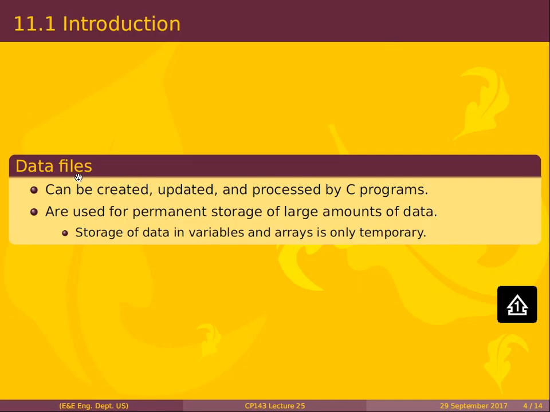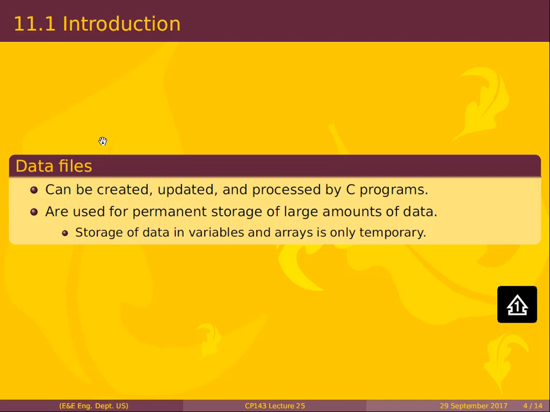all these files are what we call data files. So they can be created, updated, and also processed by C programs. So what we mean with processed is that we can read the file from the hard disk. As I mentioned to you guys, they're used for permanent storage of large amounts of data.